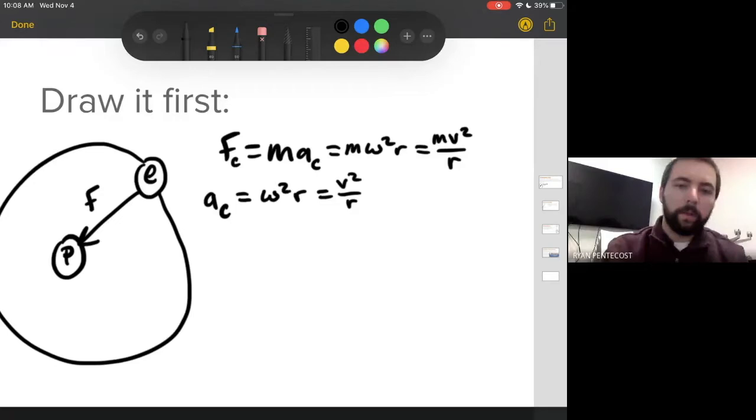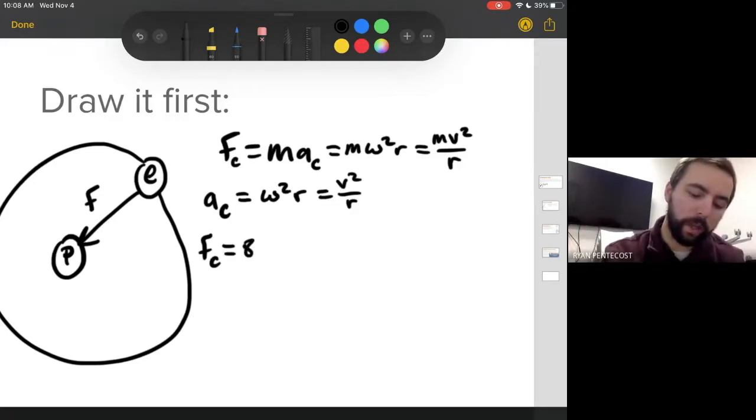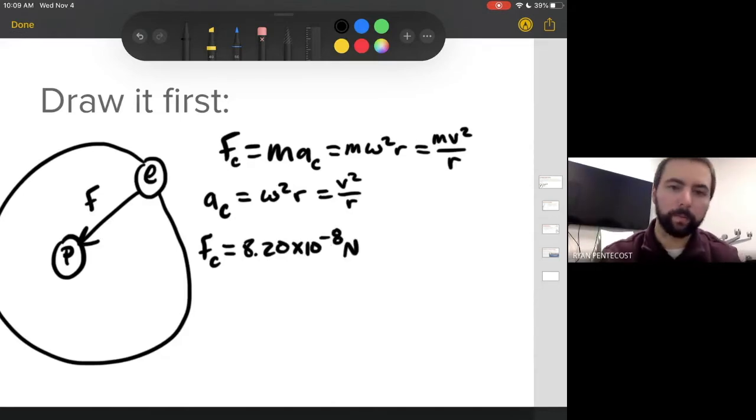So we also know some of this information already, right? The centripetal force is 8.20 times 10 to the negative 8 newtons. Radius is 53 picometers, right? Radius right there.